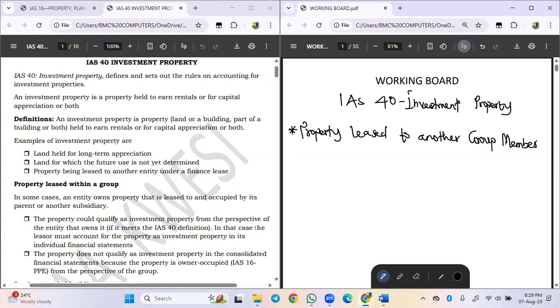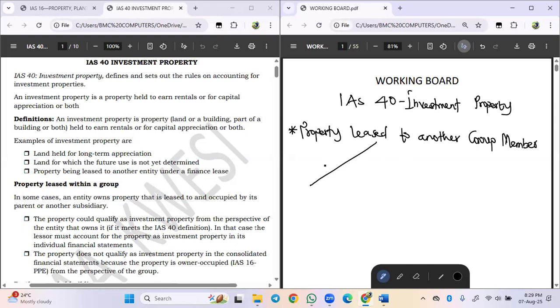So let's first of all talk about that investment property from the perspective of the owner of that property. If it's the parent who owns the property, how are they going to treat it in their own books and also in the consolidated financial statements?